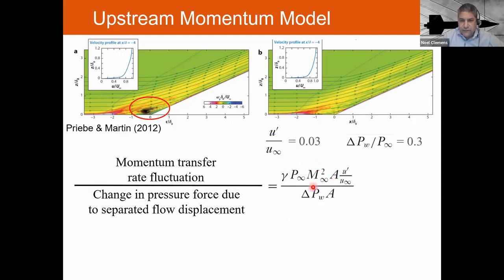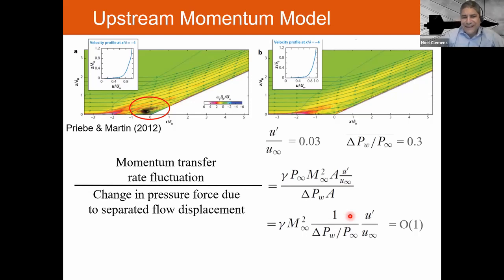It's a function of the upstream dynamic pressure, and the velocity fluctuation, and the pressure, and you end up getting this ratio of the pressure change and the turbulence intensity. It's actually not turbulence intensity because this is an instantaneous fluctuation. Well, you can just show that with a 3% fluctuation, this quantity is of order 1.